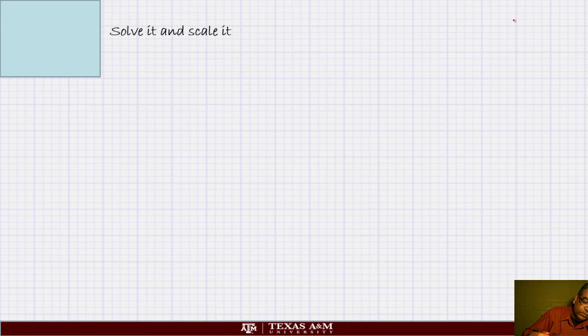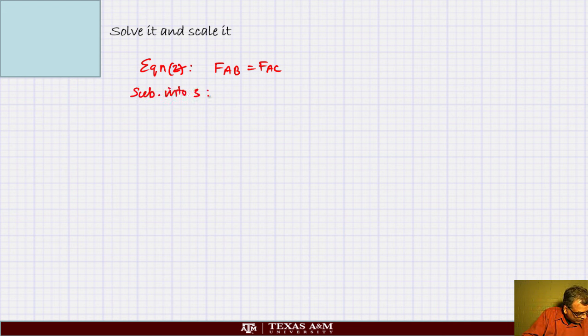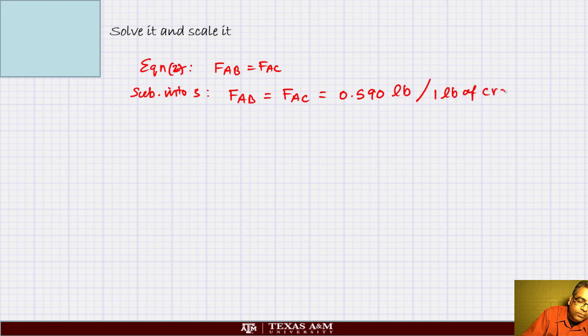So here it is. Solve it and scale it. So we're going to solve it first, and the solution looks like this: equation 2 gives me FAB equal to FAC. Then substitute into 3 and you will get FAB equal to FAC equal to 0.590 pounds for every pound of crate load.